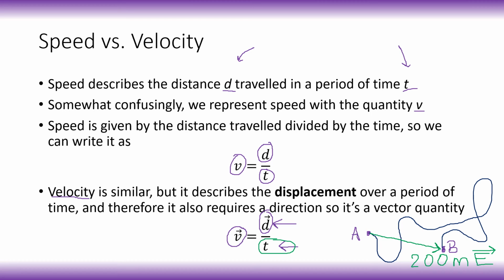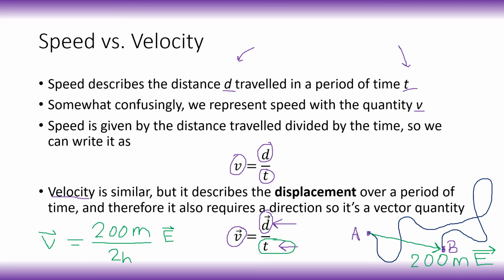So then your velocity v is your displacement, so that's 200 meters, and let's say it took you 2 hours. And you're traveling to the east, and this east is attached to your displacement up there.